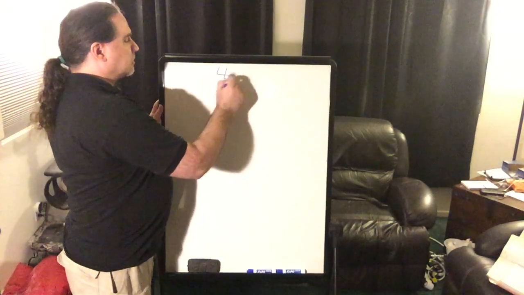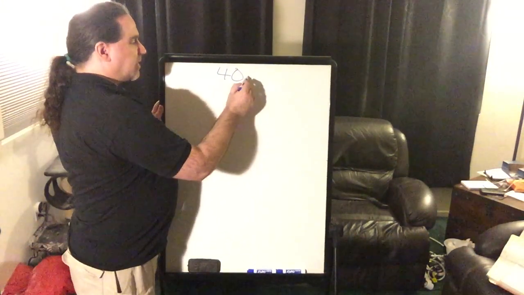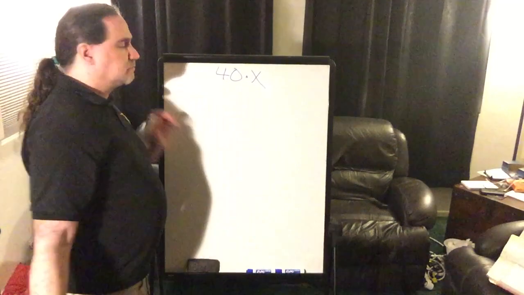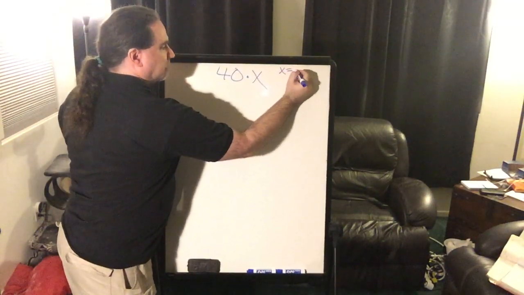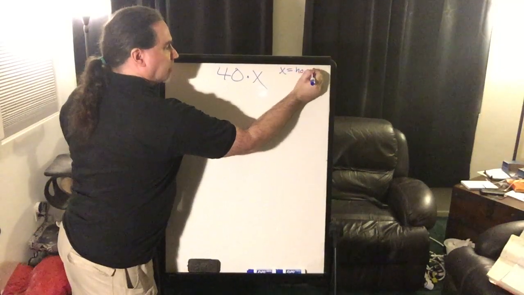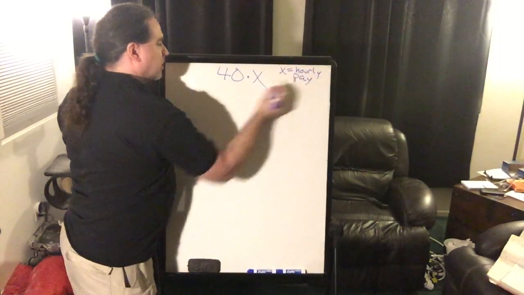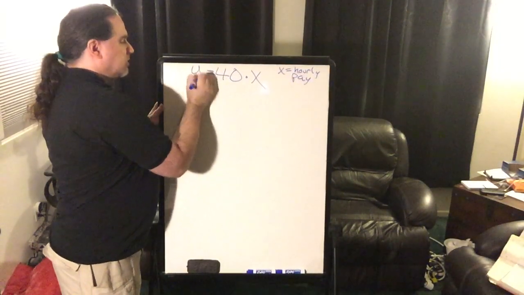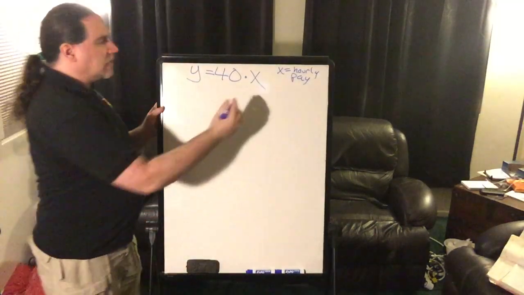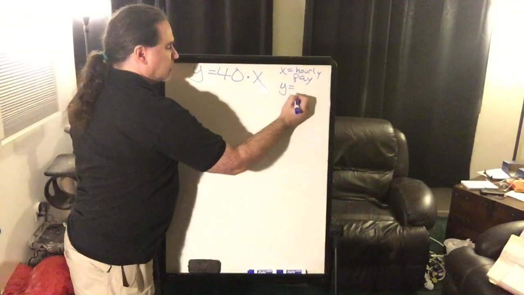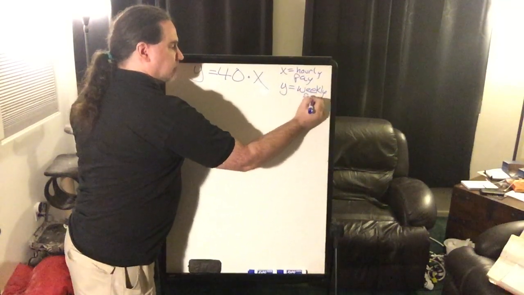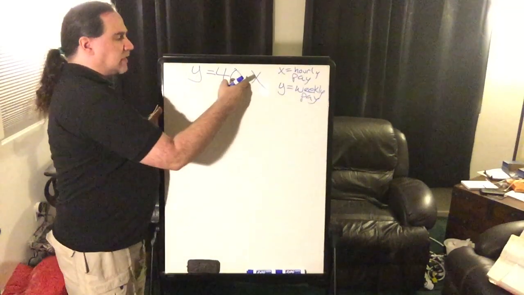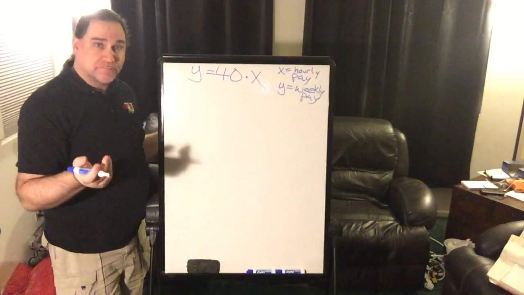So you multiply 40 hours times whatever you make per hour. So x equals hourly pay, and 40 times x equals y, where y is weekly pay. Because we multiply what we make an hour, and that tells us what we make in a week.